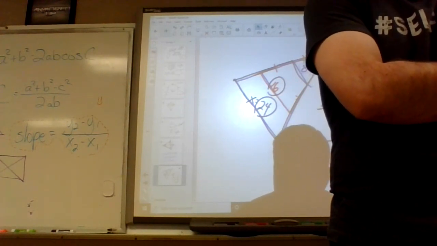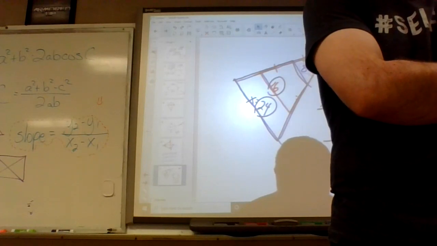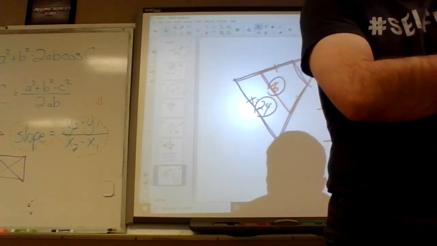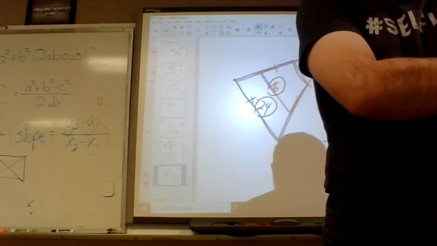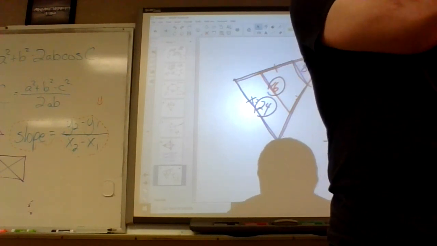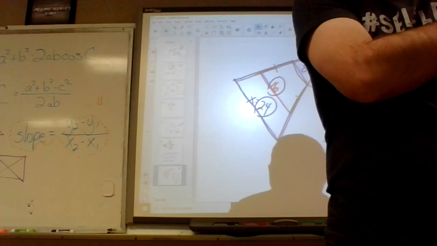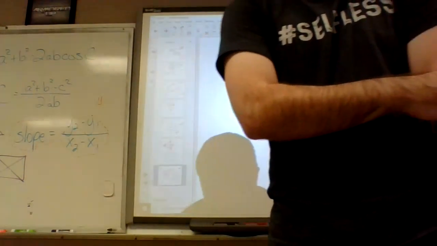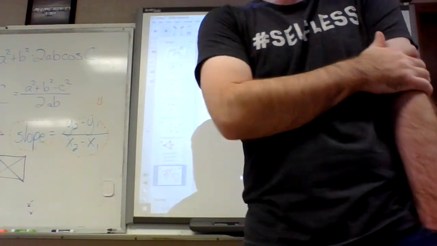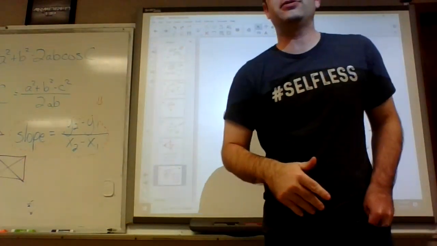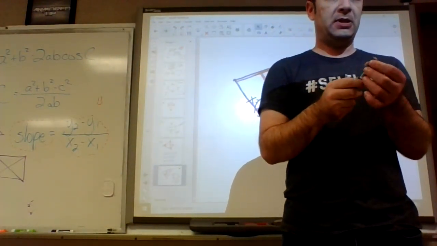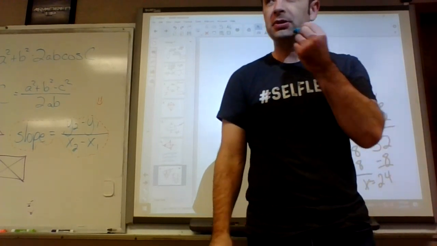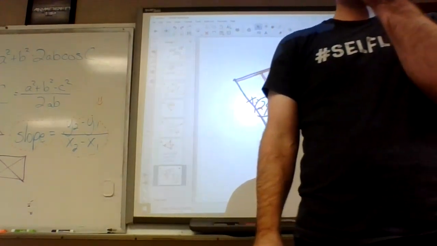Okay, Aiden, what do I know about angle B and angle D in that picture? So they have to be the same. If you look at the heading on the problem, it says B plus D equals 235. So if they're both the same angle and they add up to 235, how do I find each of them? Divide by 2. Anybody do that, divide by 2 in their head?